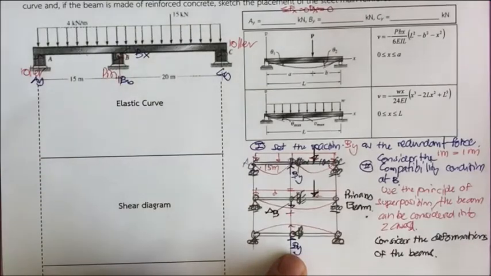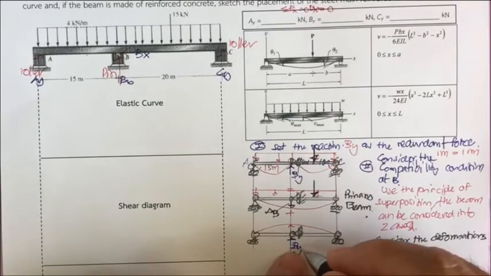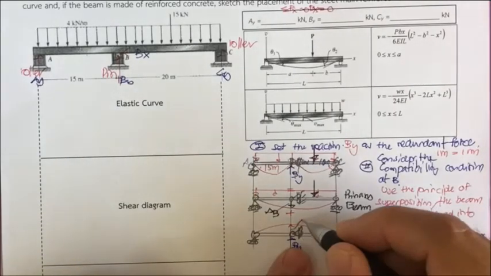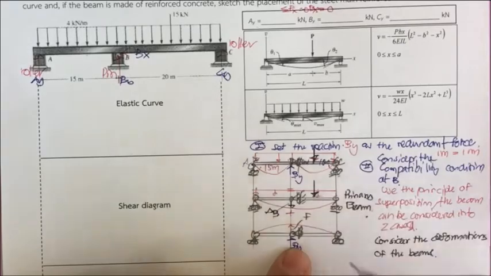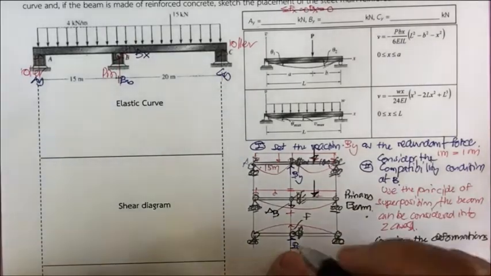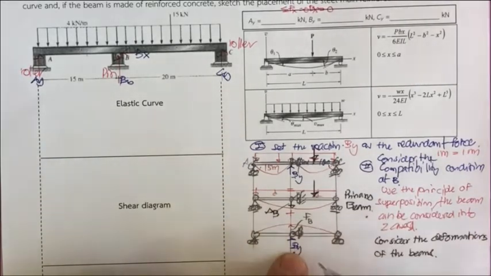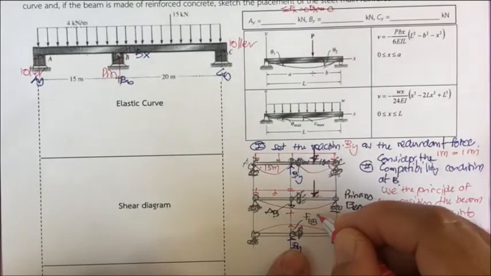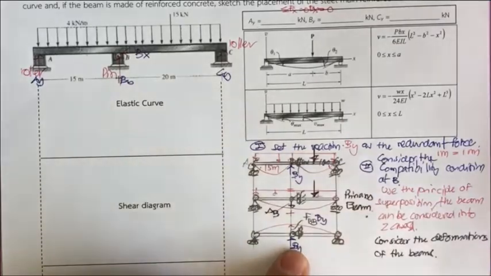And what happened is, it's going to have a vertical displacement like this. Since B sub y is the unknown, let us set B sub y to be 1. So the deflection is going to be f sub BB, the deflection at point B due to B sub y equal to 1. If the unknown B sub y is applied, the total is supposed to be this one.